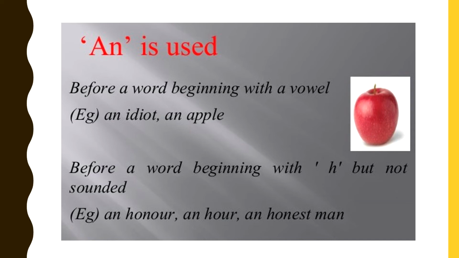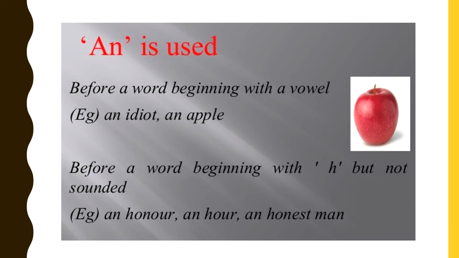Again, when we speak the word, we are not speaking the letter H. It is silent. So the sound is honest, O sound. And because these words have vowel sounds in them, we are using the article an.